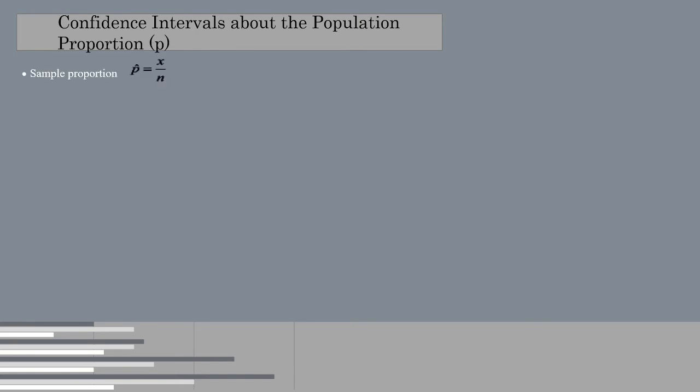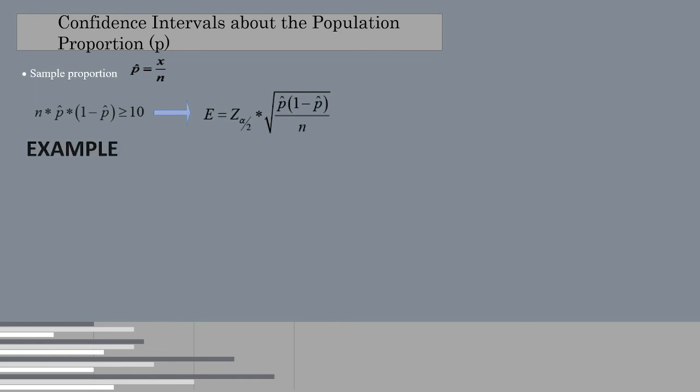Now, we all know that p is equal to x over n. It's the sample proportion. And n times p times 1 minus p is greater than or equal to 10. Now, we will have the final formula for this topic: E is equal to Z alpha over 2 times square root of p times 1 minus p over n.